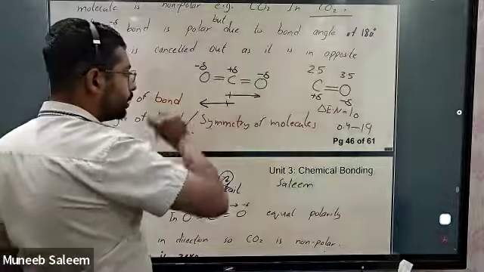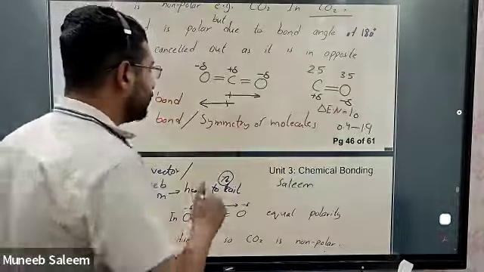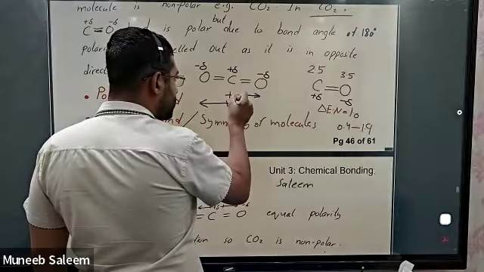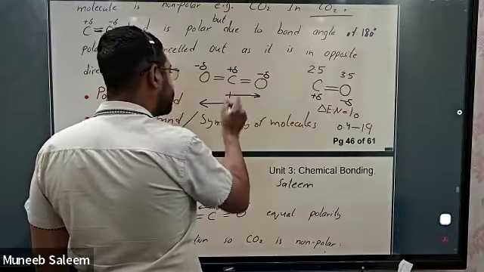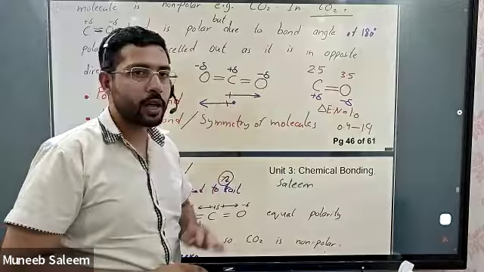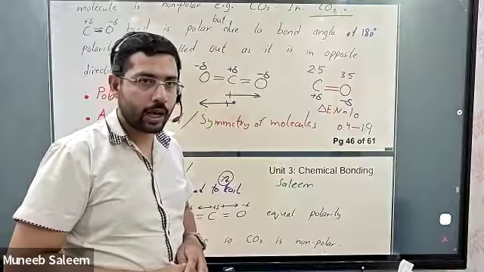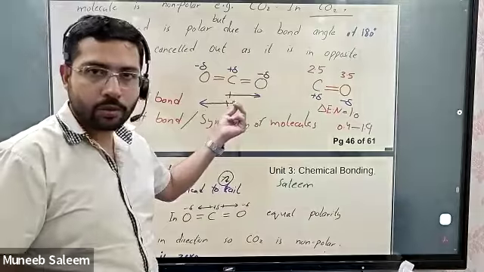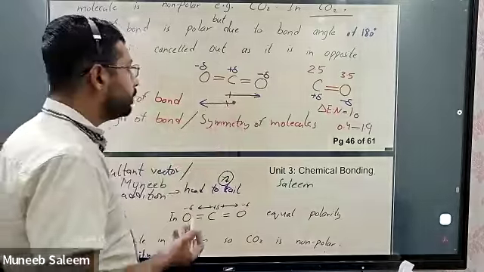If you try to sum these two arrows like this, you will see that they will merge at a single point at the center, which means there is no particular direction of the arrow. As a result of this, we can say the resultant value is 0, or the dipole is 0.